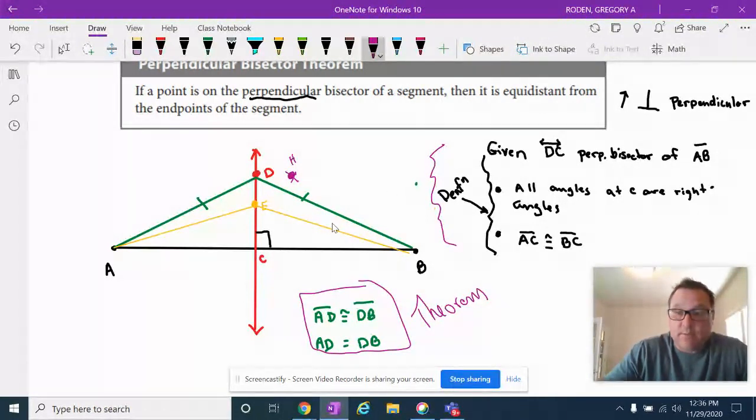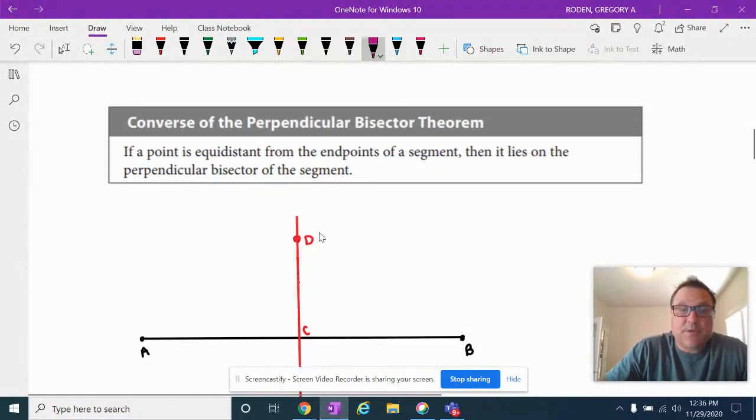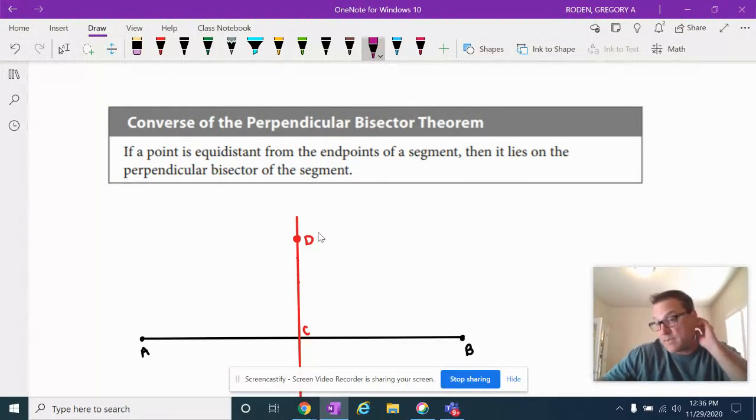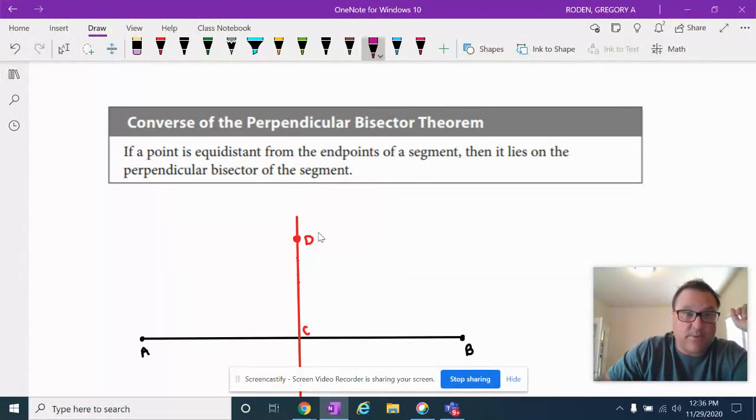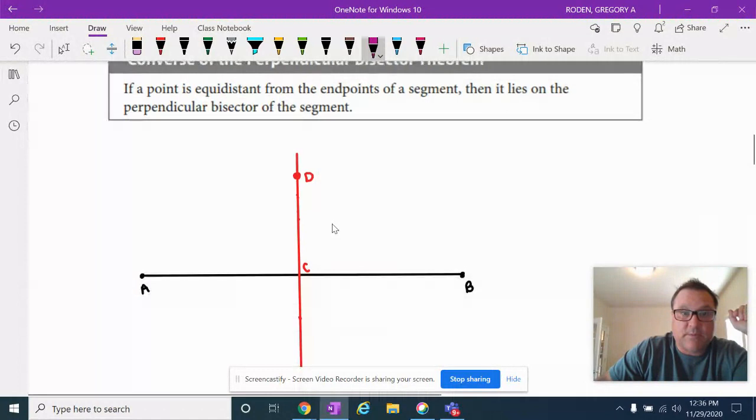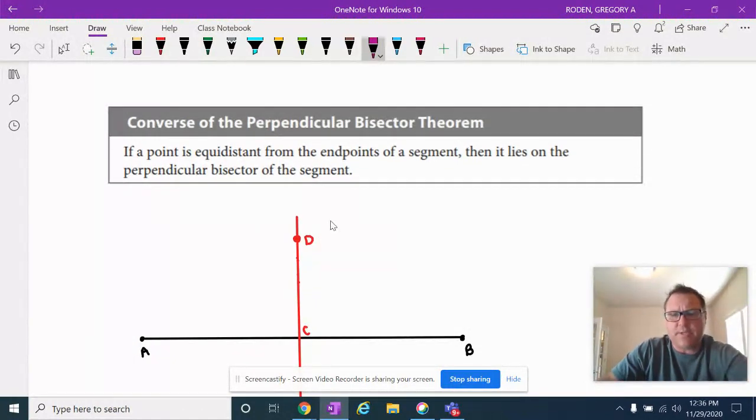Again, the proof is coming down the line. Now, this is also what we call a biconditional theorem because the converse is also true. I'm going to go ahead and read it, and then I'll have you pause it and write it down, just like you did with the perpendicular bisector theorem. It's the same drawing, and we'll talk about what that looks like.